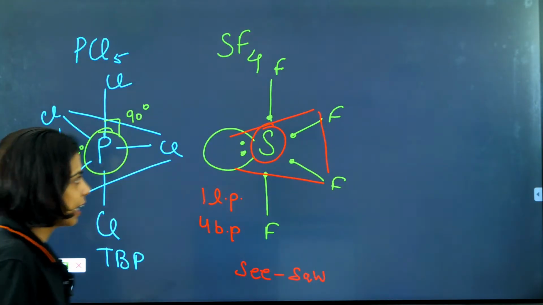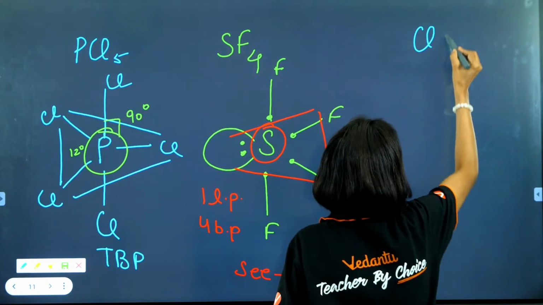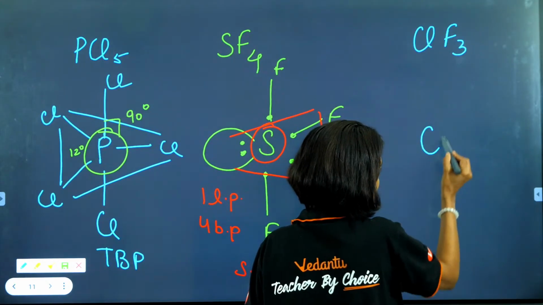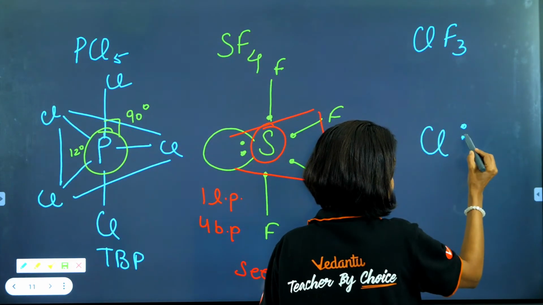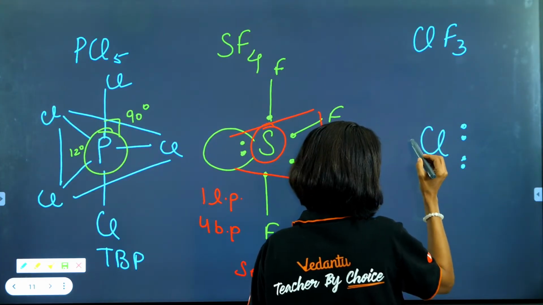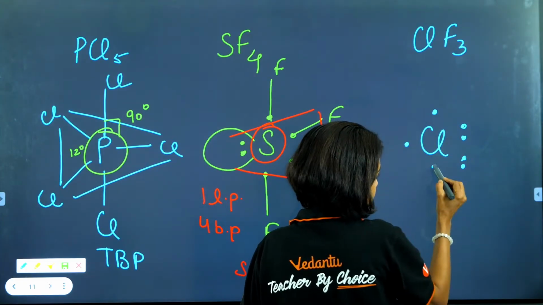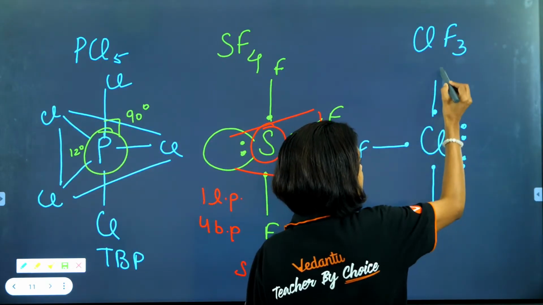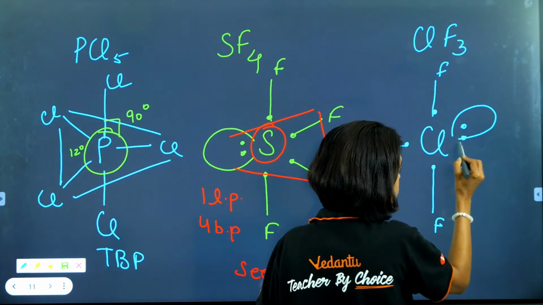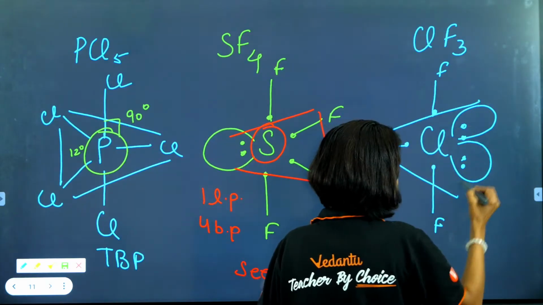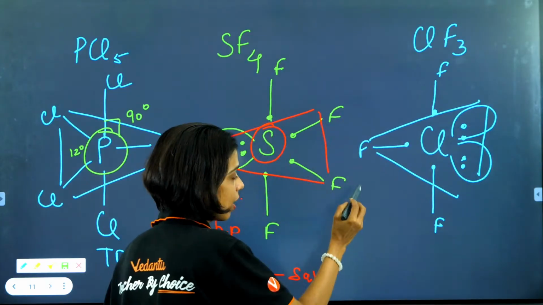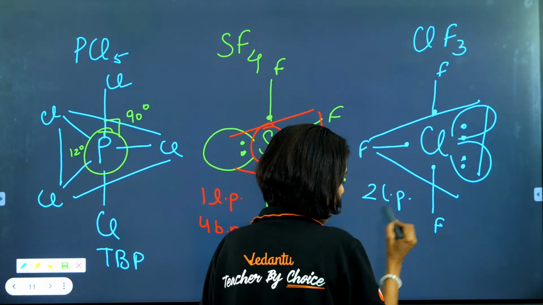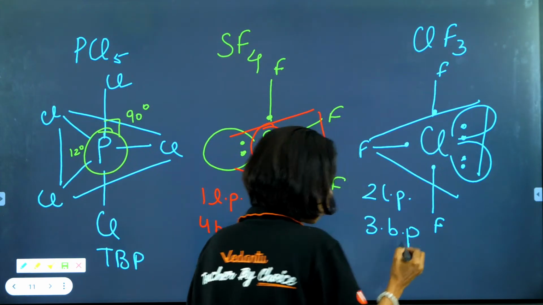Now, let us take another example, ClF3. We have chlorine, and chlorine has how many valence electrons? 7 valence electrons, and out of 7, chlorine is making bonds with 3 fluorine, and it has 2 lone pairs around it. So total 5 electron pairs, and out of 5, 2 are lone pairs and 3 are bond pairs.